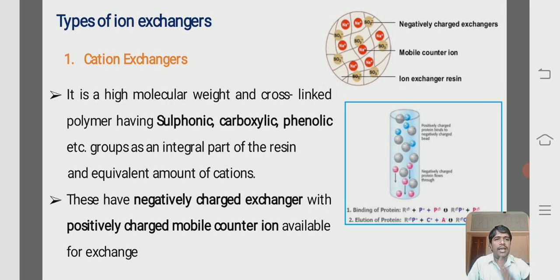Coming to the types of ion exchangers. We have two types here, cation and anion exchangers. The cation exchangers are a high molecular weight cross-linked polymer having groups that are sulfonic, carboxylic or phenolic, etc. as an integral part of the resin, and an equivalent amount of cations attached to these cation exchangers.